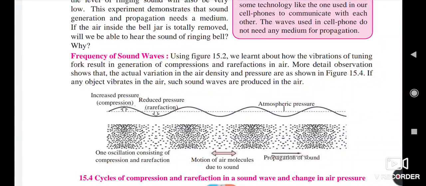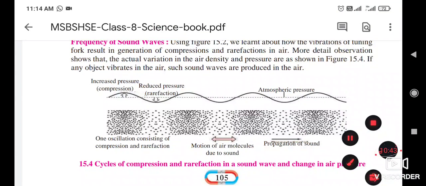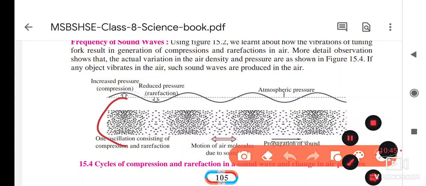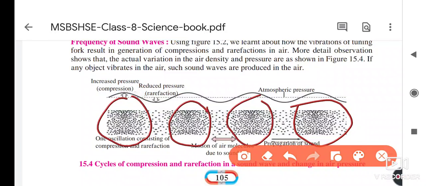If any object vibrates in air, such sound waves are produced in air. Here is the picture of producing sound. The density of molecules of the air is at a particular level.